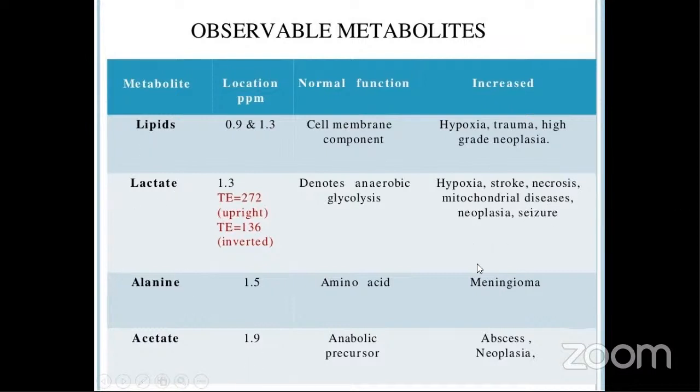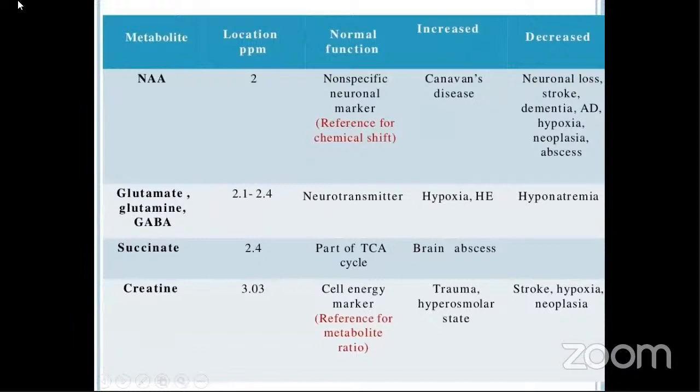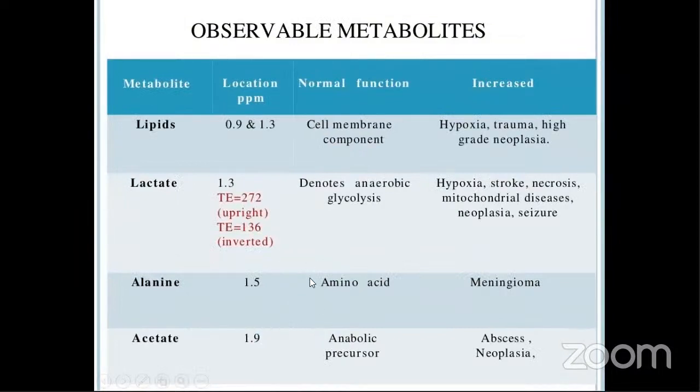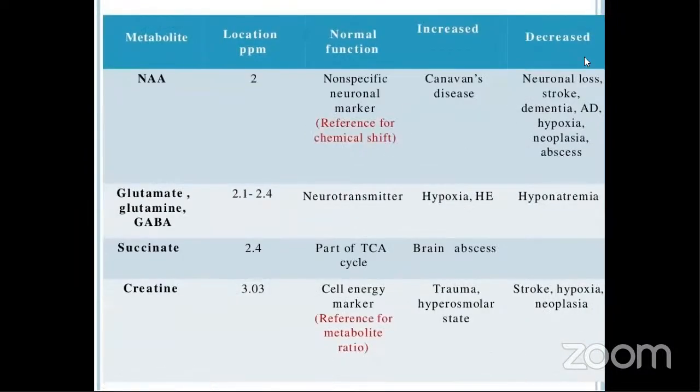Alanine peak you have in meningioma. This is a specific one. You have a high alanine peak in meningiomas. Acetate peaks you have in abscess and neoplasms again. NAA in Canavan disease. This is important. A few specific ones you can remember: alanine peak in meningiomas, and in Canavan disease you have an NAA peak.